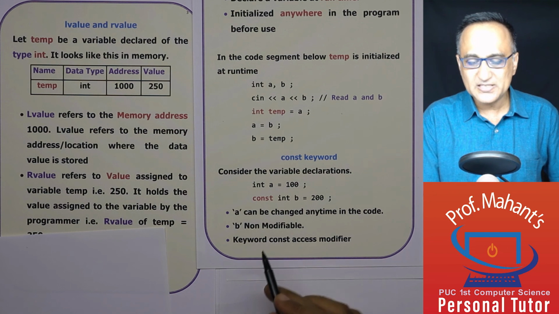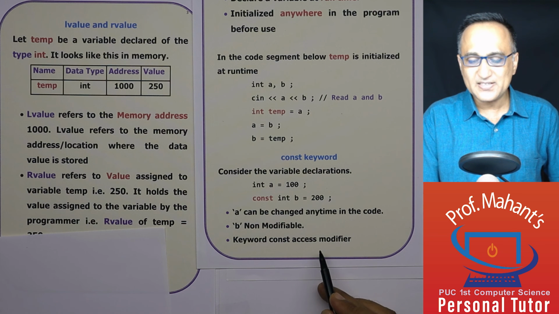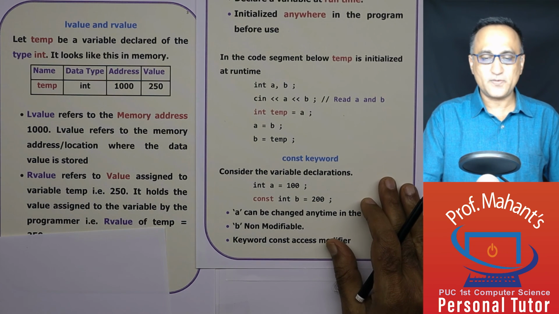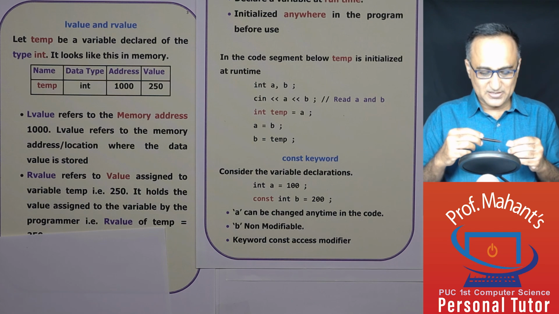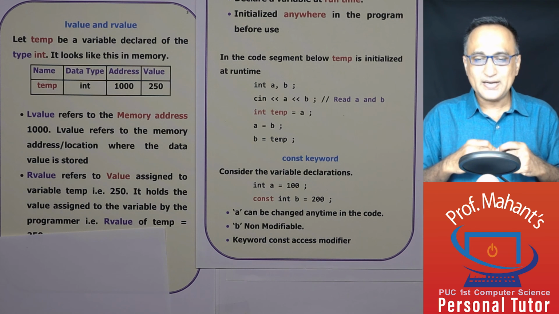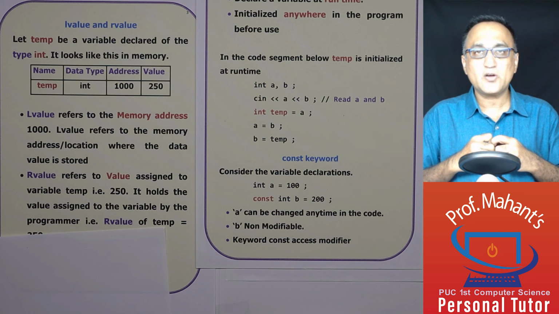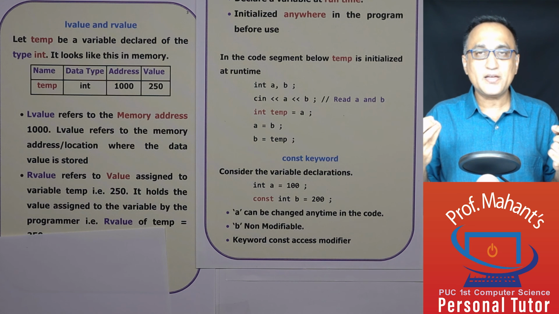So const is an example of a keyword, and it tells you that you cannot modify that particular memory location. So I hope this clarifies something about lvalue, rvalue, declaration of variables, as well as how you go about using the constant keyword to create memory locations which cannot be modified.